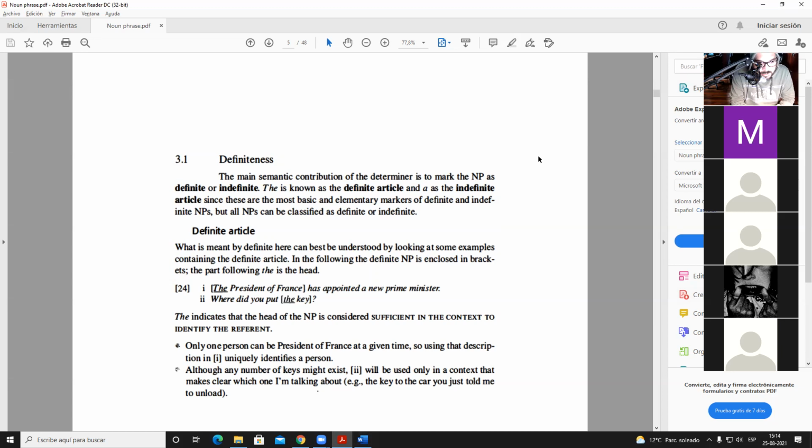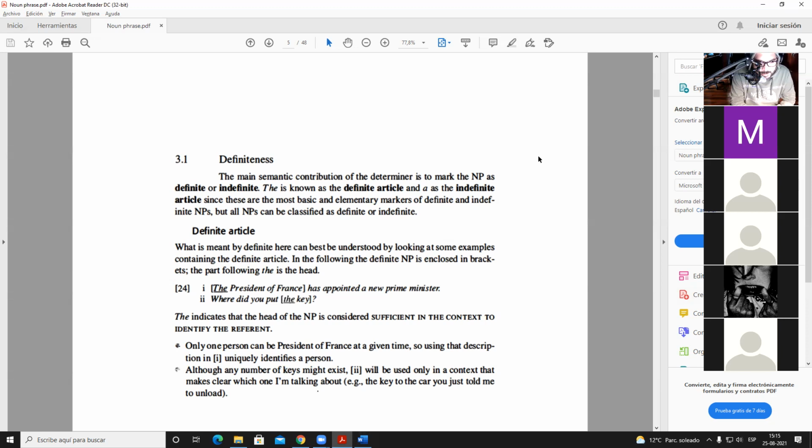The indicates that the head of the noun phrase is considered sufficient in the context to identify the referent. That is to say, only one person can be president of France at a given time, right? So using the description in number 1 uniquely identifies a person, and that's why it's definite, because there is enough context, right?